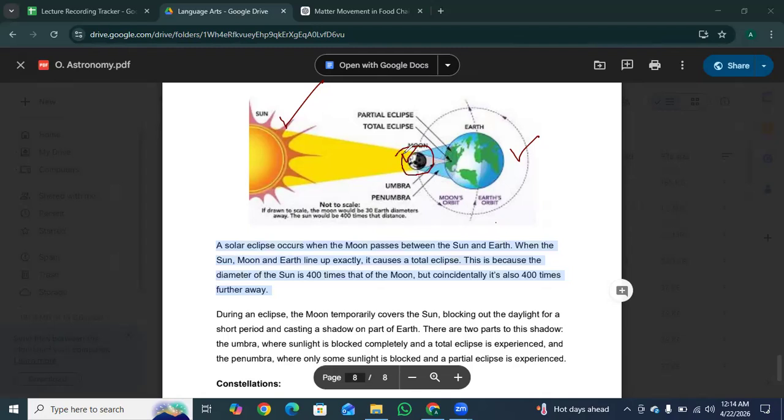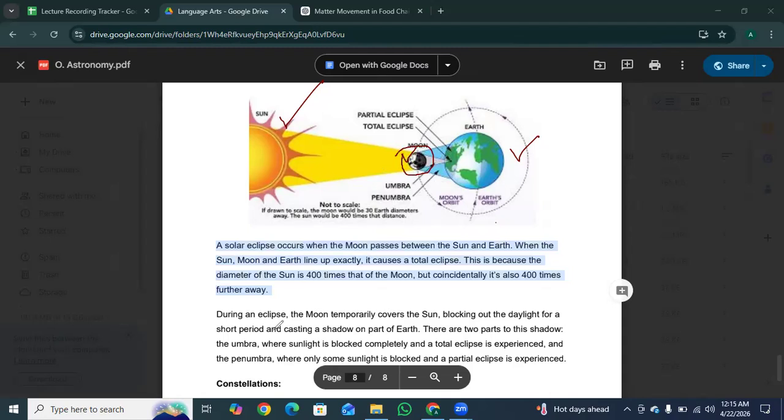It passes right between the sun and the earth and blocks the light. Even though the moon is much smaller than the sun, it is much closer to us, so it can perfectly cover the sun and turn day into a fake night for a few minutes.